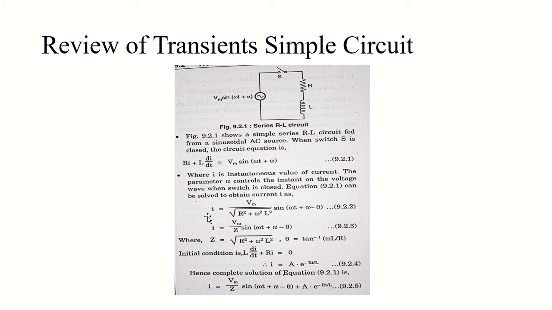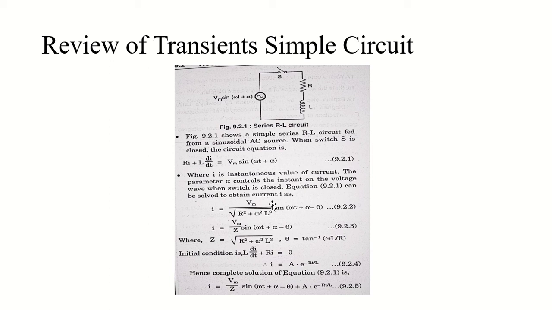Now, completing this formula, if we call R squared plus omega squared L squared equal to Z squared, or Z because it is under the root, we are simply taking the impedance cumulatively, right?